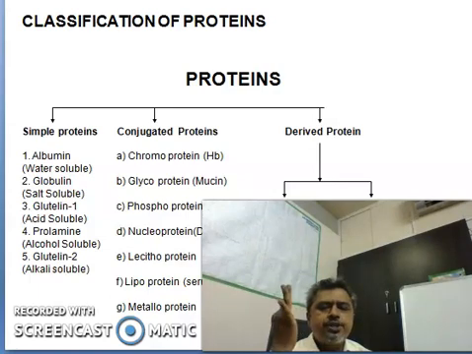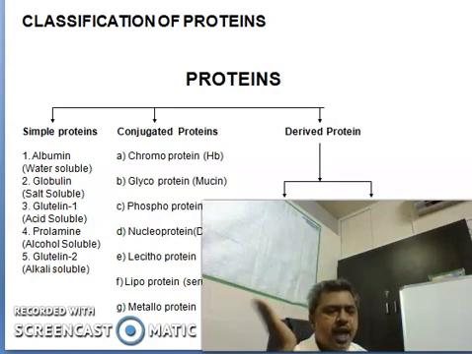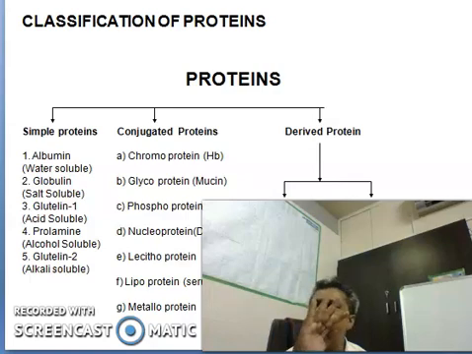Then conjugated proteins: chromoprotein, where chromo means color. Glycoprotein, where a carbohydrate moiety such as glucose is attached to the protein. When phosphorus is attached to the protein, it is a phosphoprotein, such as casein, and lecithin, and nucleoproteins.